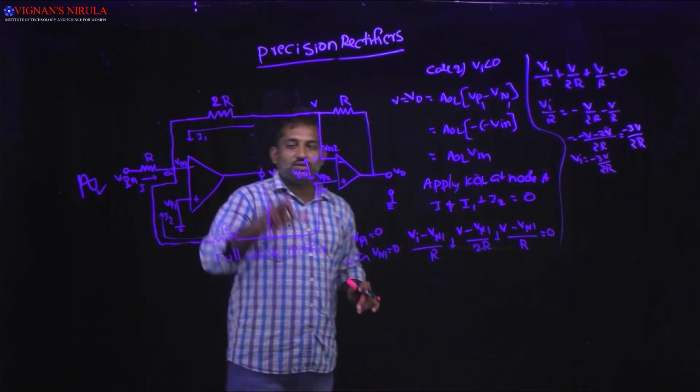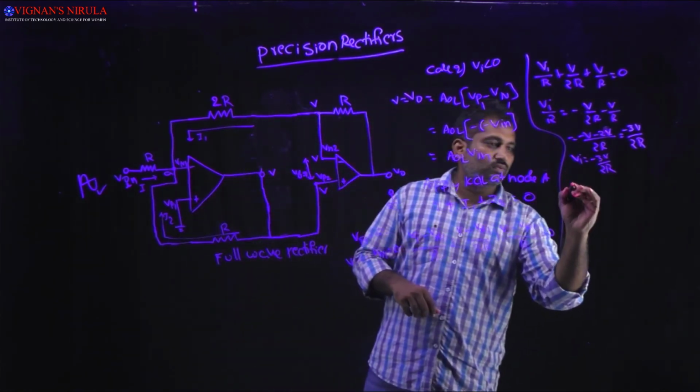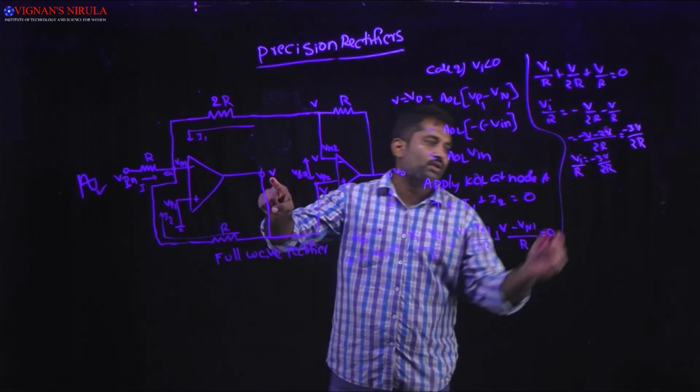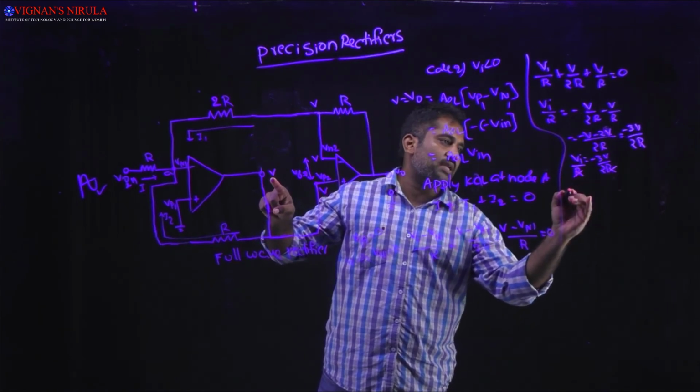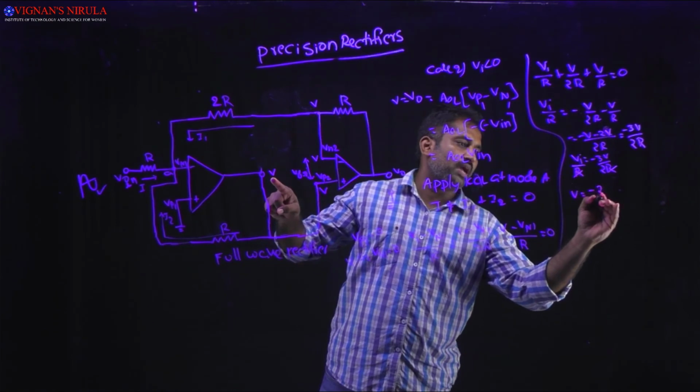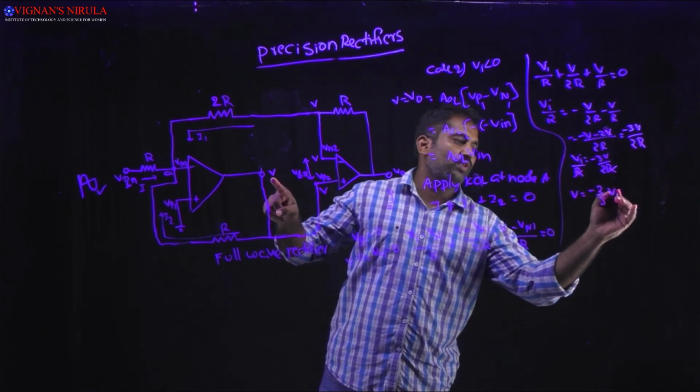So Vi by R equals minus 3V divided by 2R. We want the value of V. The R's will be cancelled, and V is equal to minus 2 by 3 into Vi.